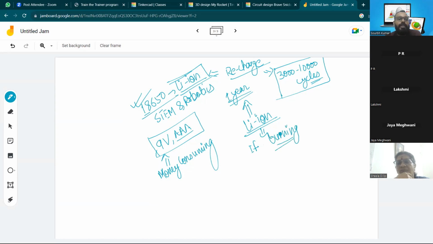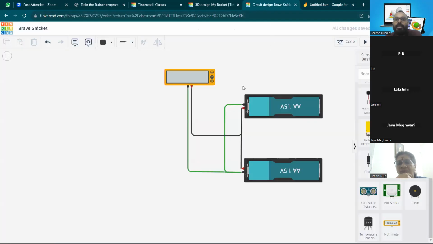So be careful with the LiPo batteries. You may have heard of mobile phone explosions because of these batteries. So you have to be careful all the time during your classroom program, otherwise it will cause serious damage to the components as well as human life. So make sure you follow the safety rules while handling these things.